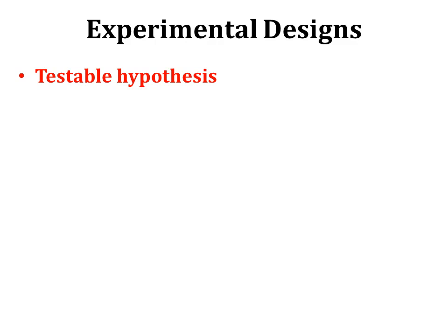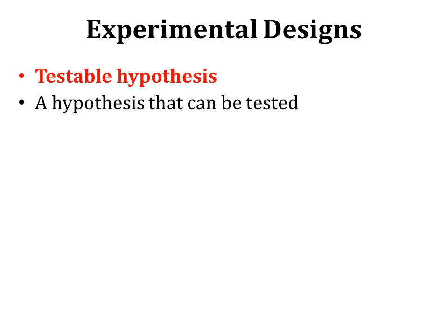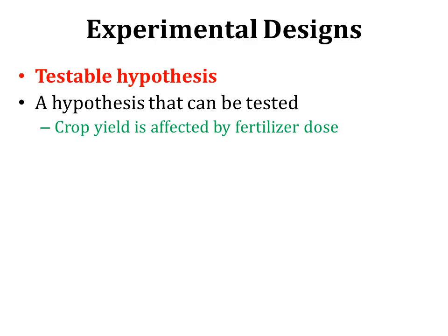One of the concepts is the concept of a testable hypothesis. A testable hypothesis is a hypothesis that can be tested through an experiment. For example, in the example that we are following about the effects of fertilizer dose on the crop yield, the hypothesis that can be formulated in that case is: crop yield is affected by fertilizer dose.